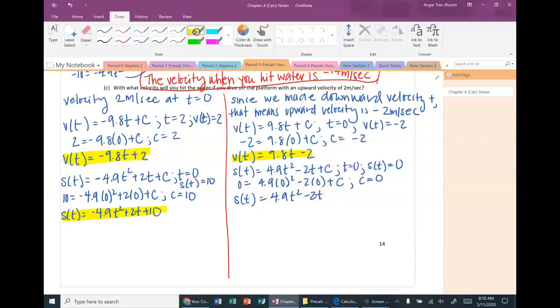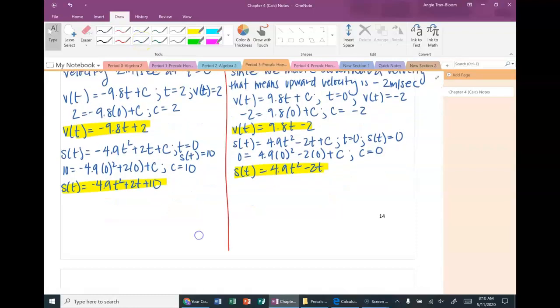Okay, so we have two position equations depending on what we assume at the beginning. So now we need to find the time of impact. On the left side, doesn't look like factoring, it's not that friendly, so I'm going to use the quadratic formula.